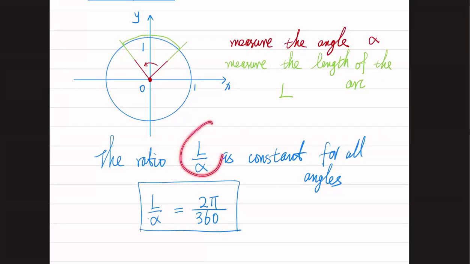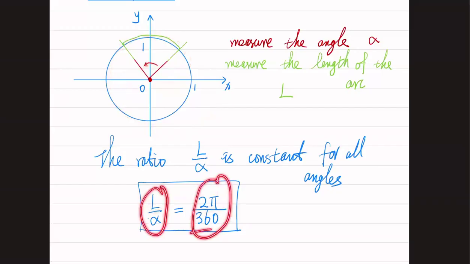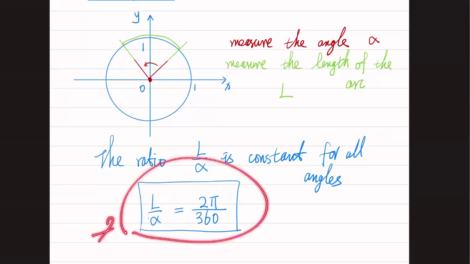Because the ratio is constant, we consider a special case when L is the whole circle of 2 pi and the whole angle is 360. So the ratio is this constant. This gives us a connection between the two measurements. We can go from angle to length, and also from length to angle. We will have more about this next time.